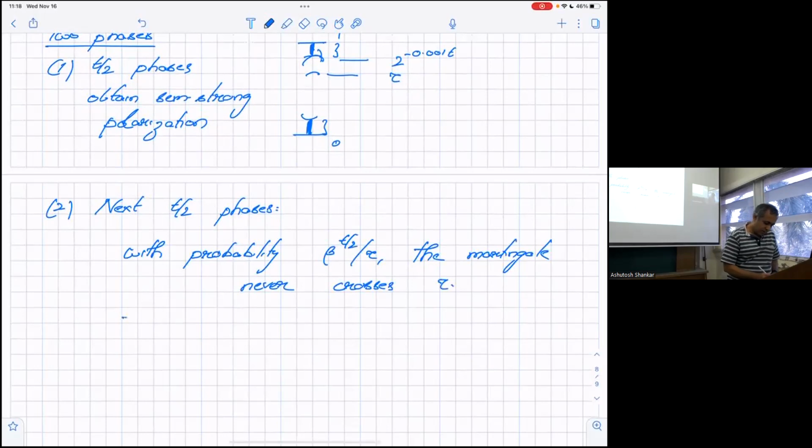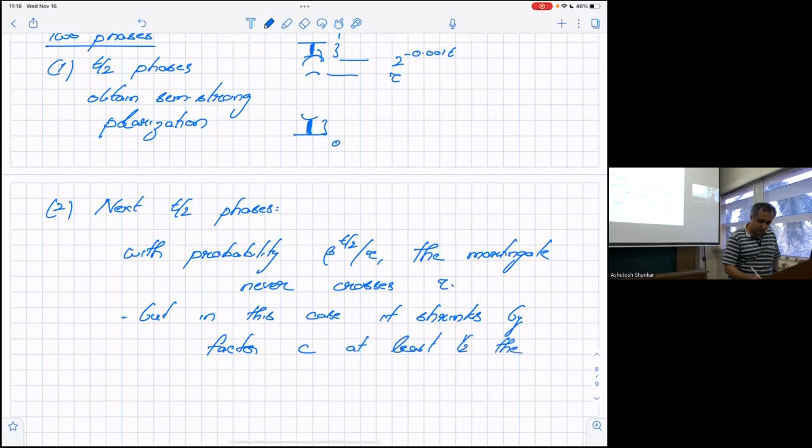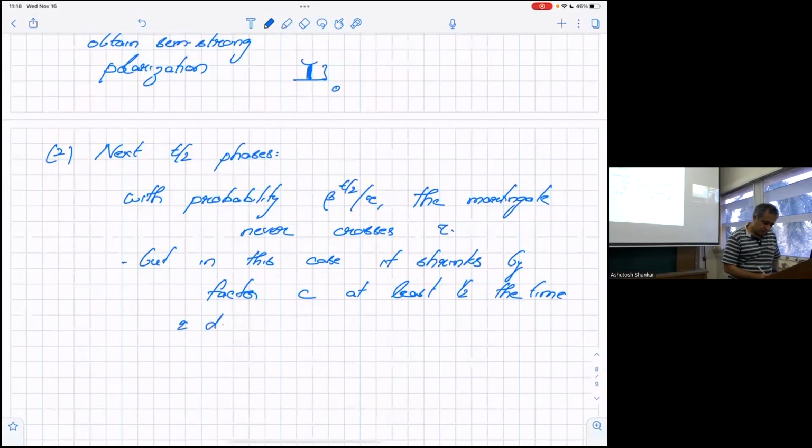But in this case, it shrinks by a factor C at least half the time, and doubles at most half the time.